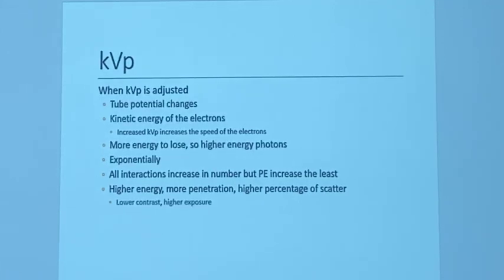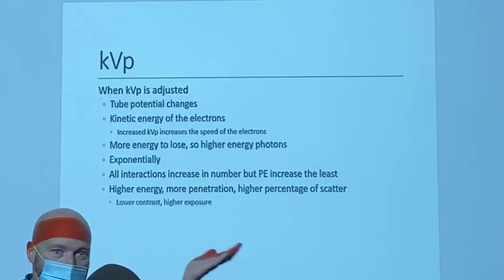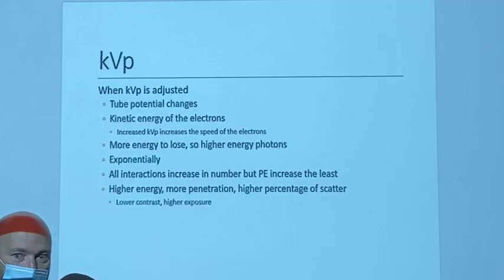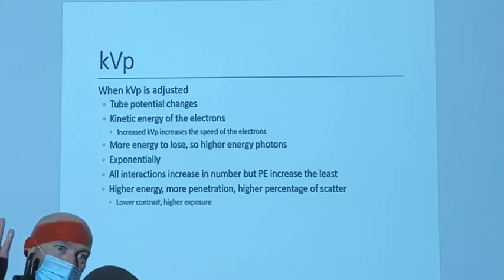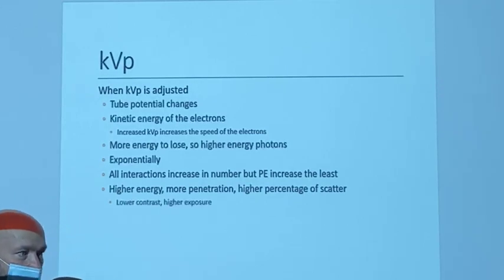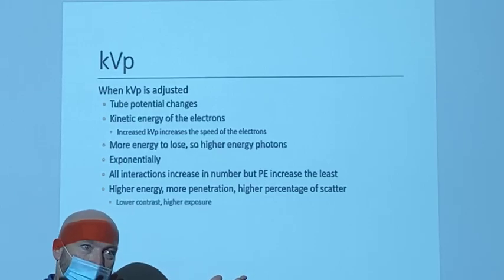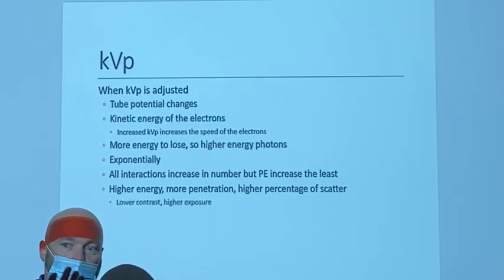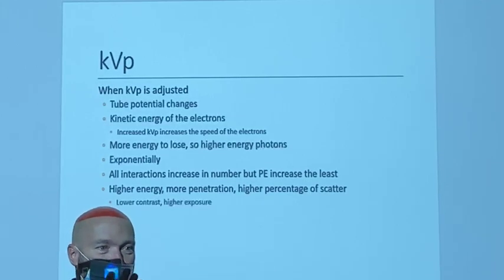All right, so let's stop on that. We've got a tissue type that either blocks all X-rays or transmits all X-rays. How many shades of gray will we have? We have two, right? It's perfectly clear and totally opaque, right? So we only have two. But if I change my kVp and I could penetrate a little bit of this one, and this one still blocked no X-rays at all, then what's the difference there?